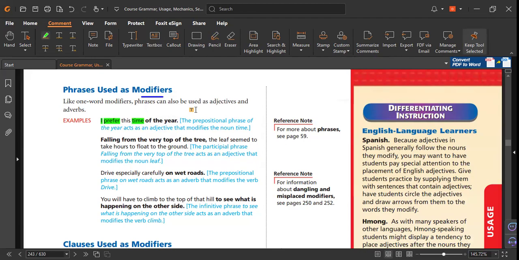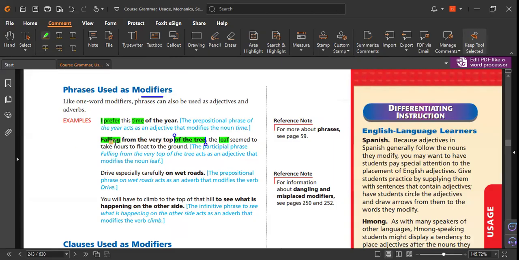Here, present participle phrase. Look, falling, hope, to leave. And remember the comma? After the comma, we need the subject, we need the action. If you put after the comma something else not related to the verb, it is wrong. I would check the meaning. Falling from the very top of the tree.